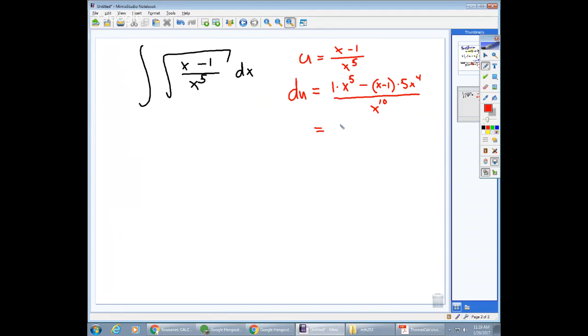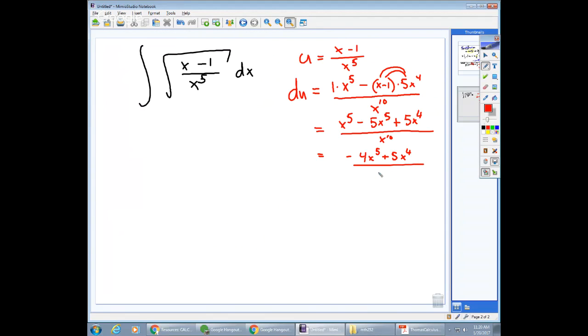So we have an x to the 5th, and we have to do a bit of distribution here, and the negative gets distributed. So we're distributing a negative 5x to the 4th here. So that'll be a negative 5x to the 5th. Negative would be a plus 5x to the 4th. Which equals what? Negative 4x to the 5th plus 5x to the 4th.